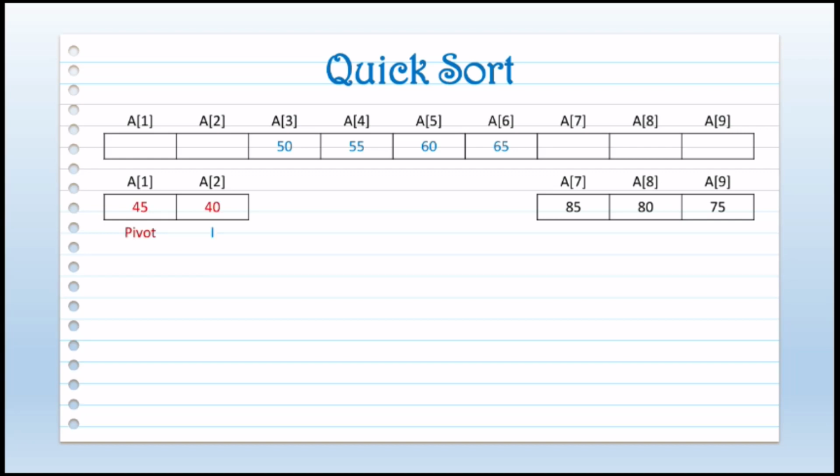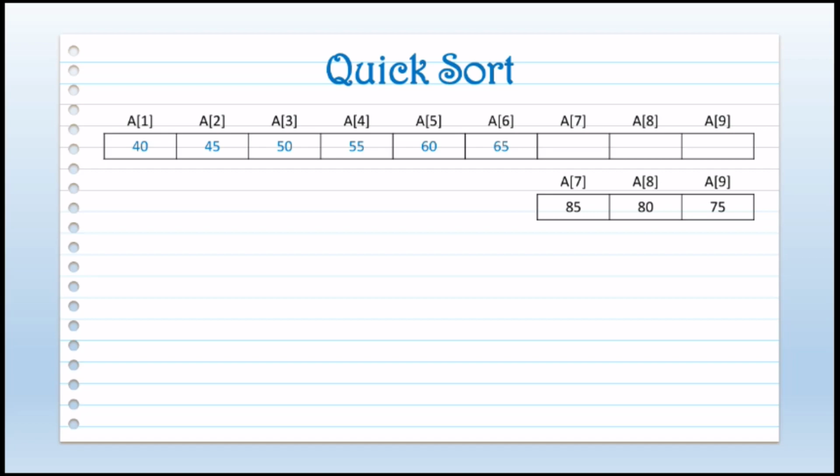So again we will consider the first element as pivot element and we will compare that with the remaining element from the left hand side. So is 40 greater than 45? No, the condition is false, and because there are no elements further, we will stop comparing and we will exchange the element. So now we have got the position of 40 as well as the position of 45.